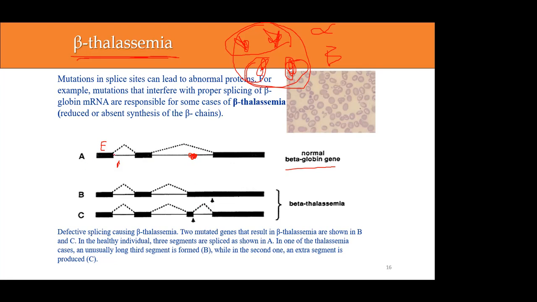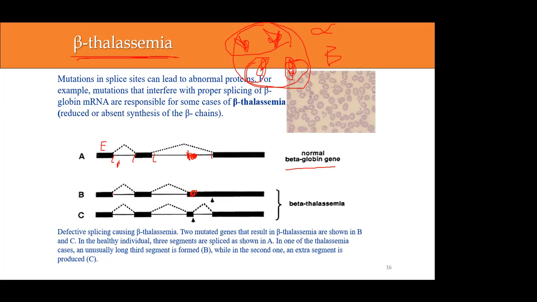Usually we chop the introns off using the spliceosomes and combine all these exons together. That's what produces a normal beta globulin gene. But in beta thalassemia, the splicing of the intron is going to be until this part, leaving the stopping codon here.